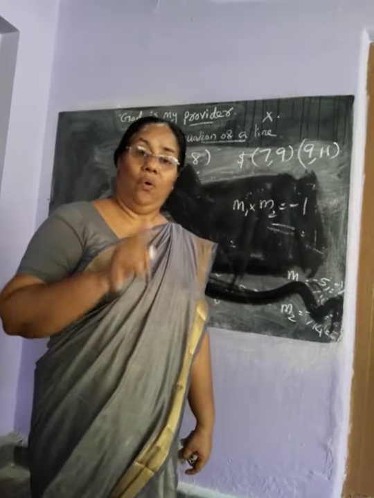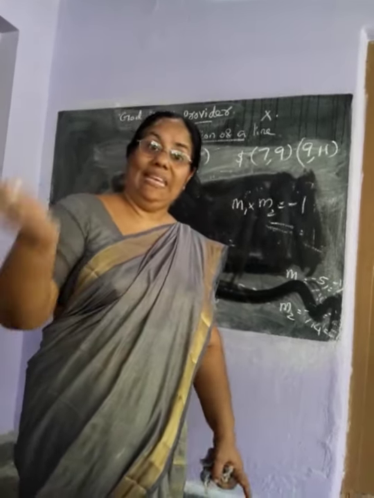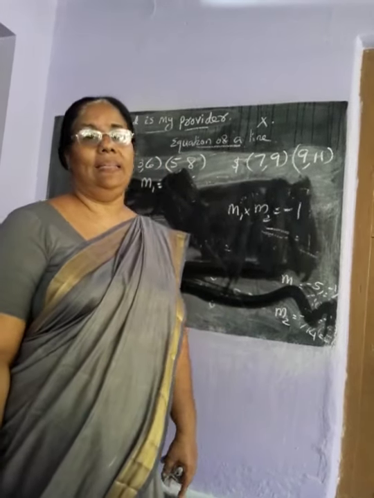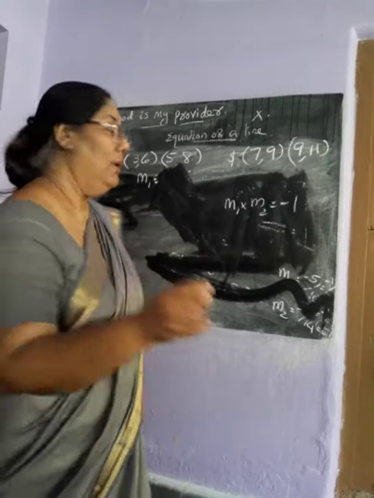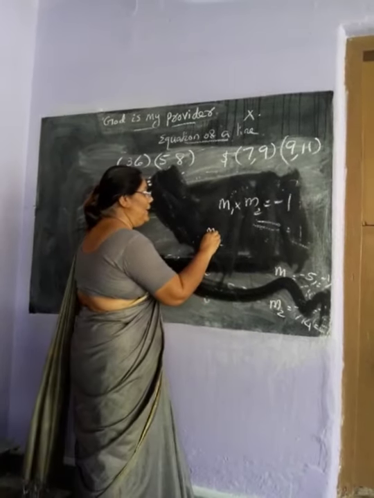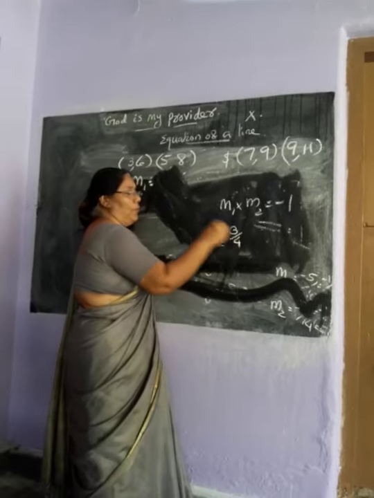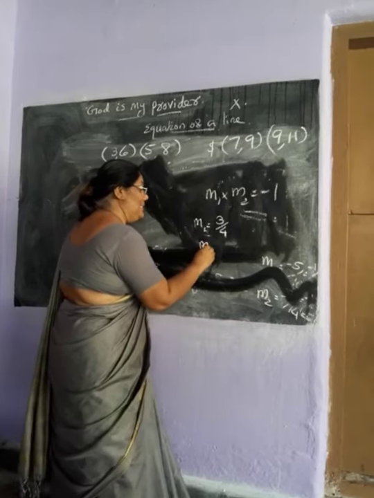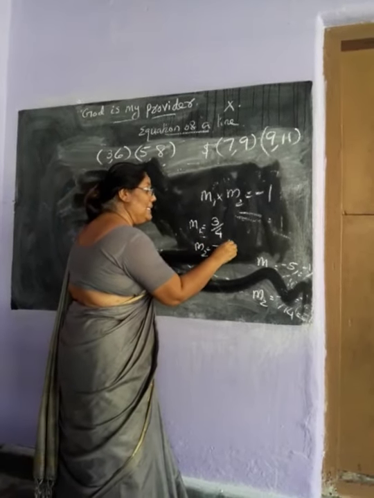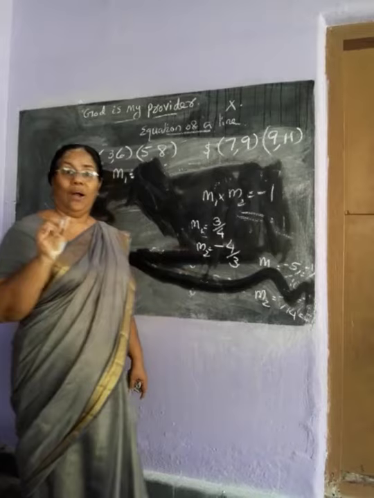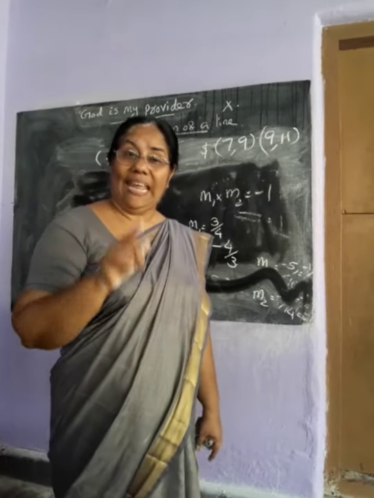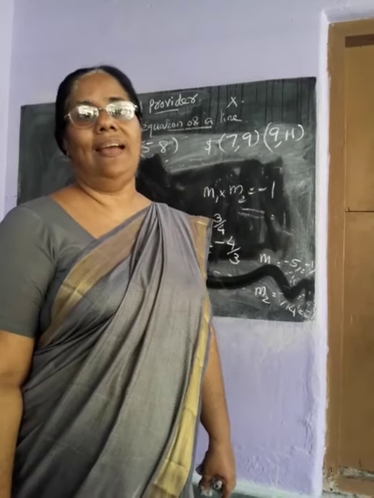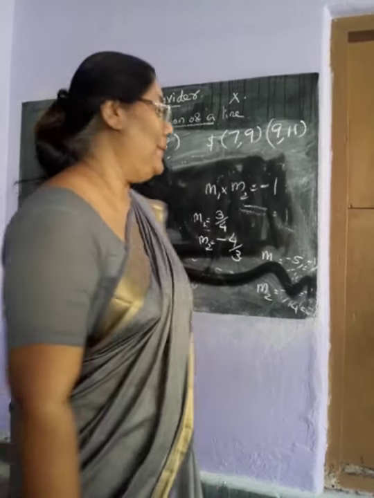For example, suppose m1 is equal to 3 by 4 and m2 is equal to minus 4 by 3. One slope is the negative reciprocal of the other, so the two lines are perpendicular.